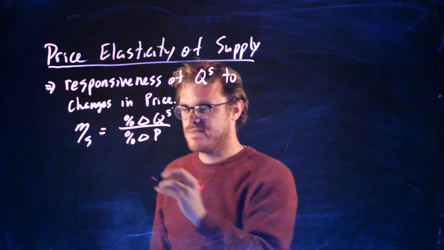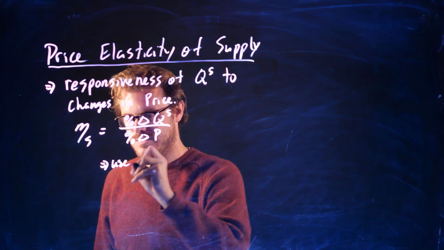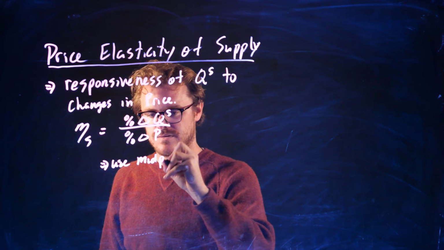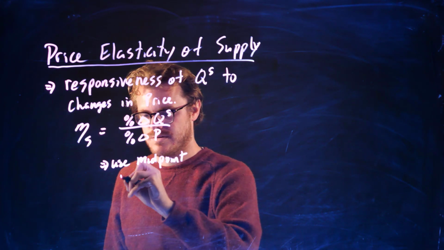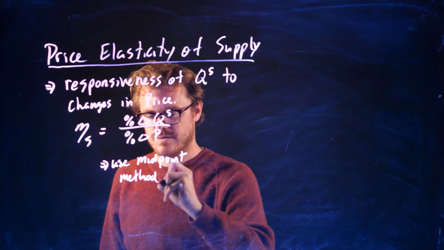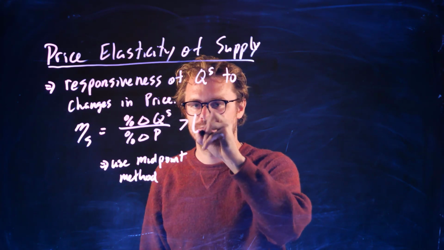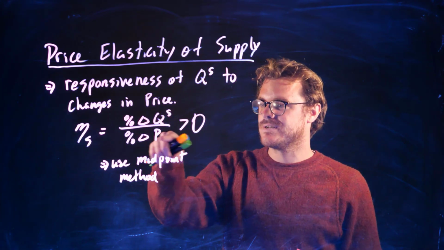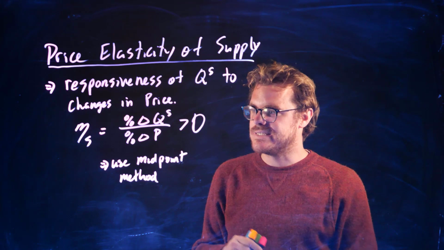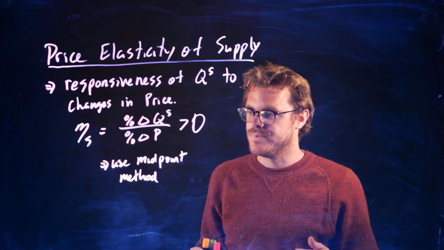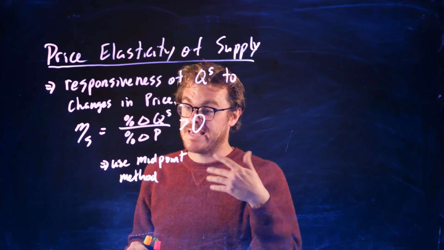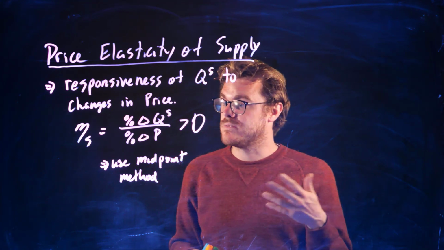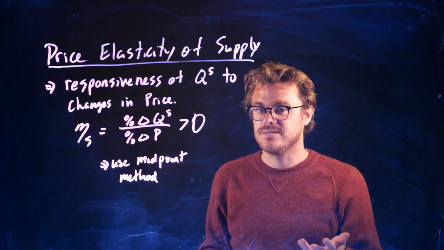Again, we're going to be using the midpoint method. Notice that it's going to be greater than 0 because of this positive relationship, so we don't need to take the absolute value anymore. But we're going to use the midpoint method to calculate it, just like we did for the price elasticity of demand.